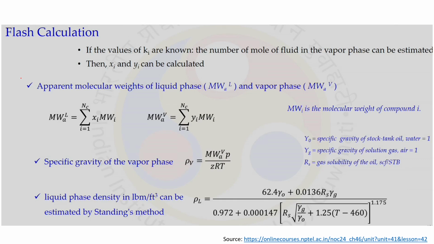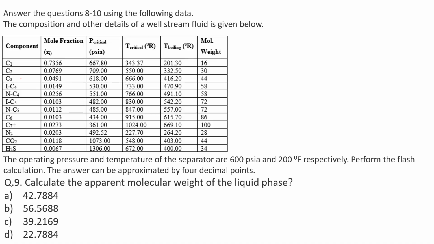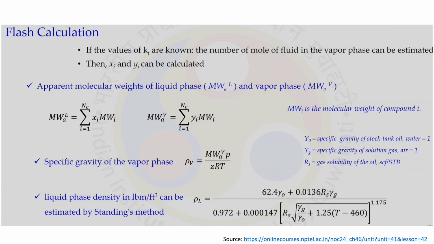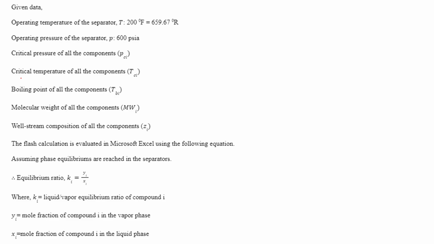So these are the steps for the flash calculation, but we only need to find the number of moles of vapor, liquid, and the apparent molecular weight of the liquid and vapor phase. So these are the given data: the operating temperature of the separator, operating pressure of the separator, critical pressure of all the components, critical temperatures, boiling point of all components, the molecular weight of all the components, and well stream composition of all components.